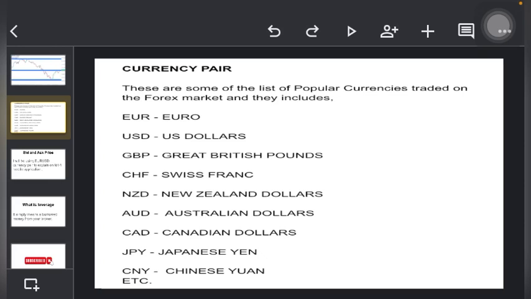If you want to trade EUR/USD, you're either saying that the euro is going to do better than USD, or you're trading that USD will be worth more than the euro. I hope you're understanding this explanation.